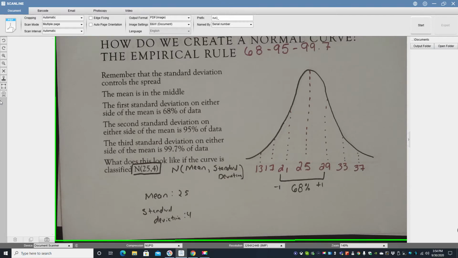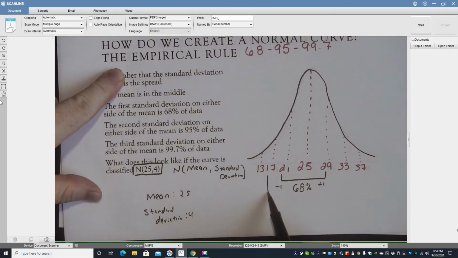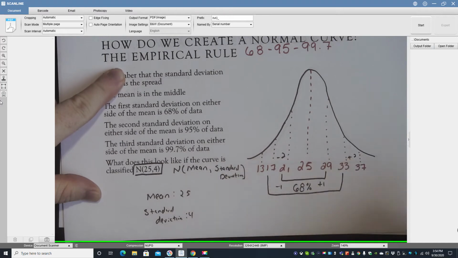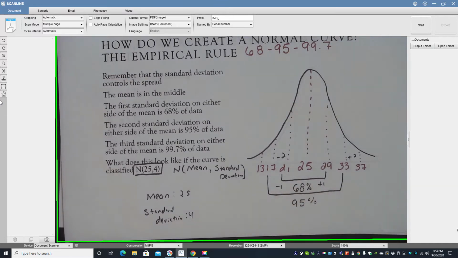So if I go out further to 2 standard deviations, so this is -2 to plus 2, what we're going to get is 95% of the data. So again, 95% of the data is in between 17 and 33.